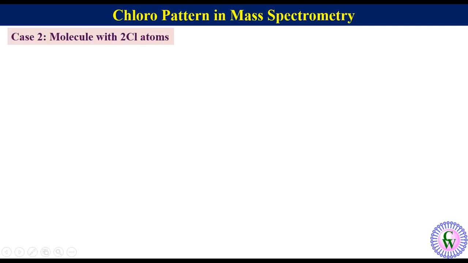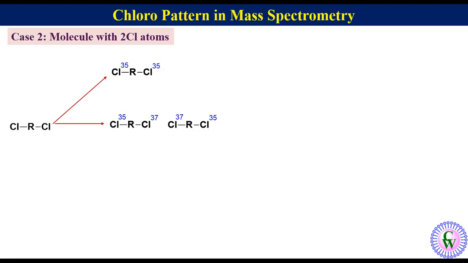Case 2, in which a molecule has two chlorine atoms. Let's represent the molecule as RCl2. A molecule may have both Cl35. It may have one Cl35 and one Cl37. There are two possible combinations: a molecule with Cl35 and Cl37, and a molecule with Cl37 and Cl35.